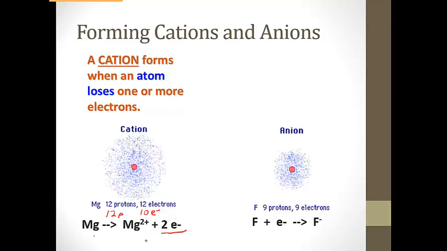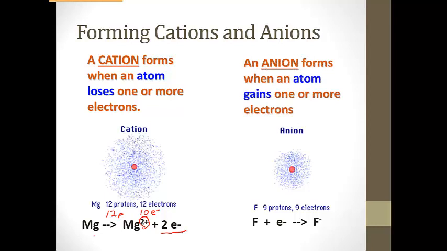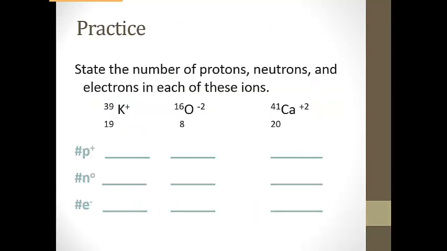So that's where that +2 comes from, because the protons are bigger. Same with the anions. Anions are when you gain an electron. So here we're gaining an electron. Now we have 10 electrons instead of 9. Because our electrons are bigger, we get the negative charge because electrons are negative.